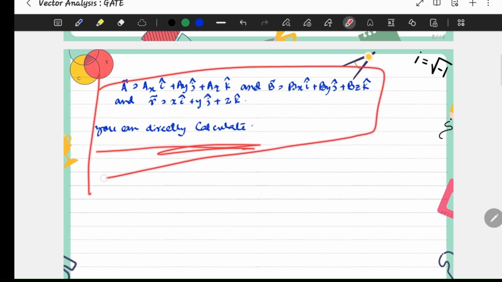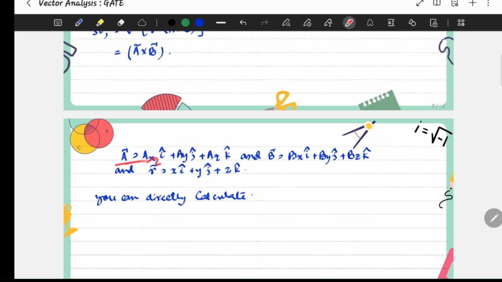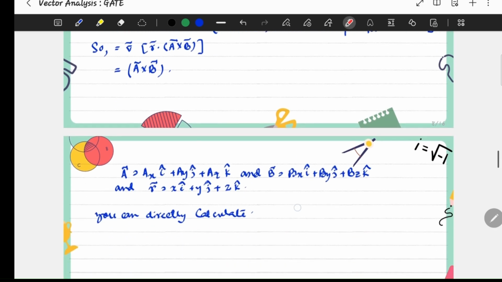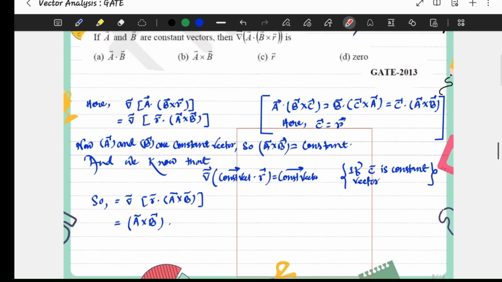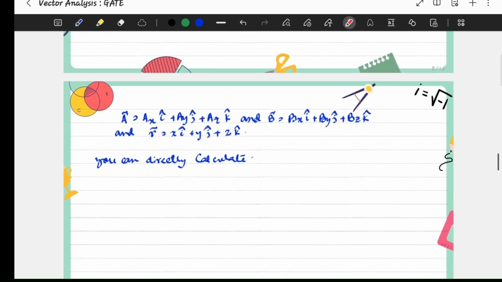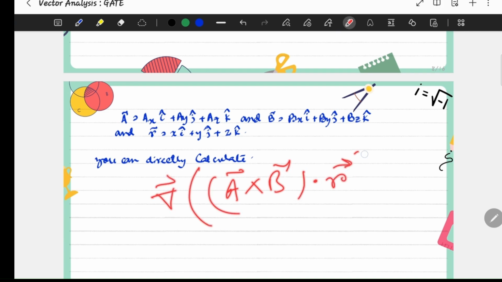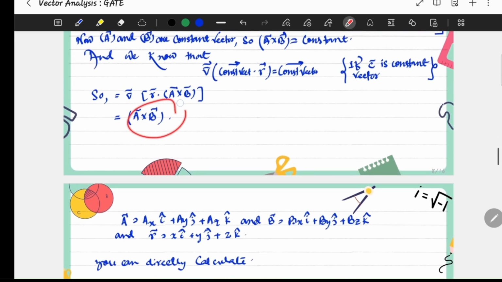You can take a equal to ax i cap, ay j cap, az k cap, and b equal to bx i cap, by j cap, bz k cap, and r equal to x i cap, y j cap, z k cap. First find a cross b, then take r dot it, and then calculate grad of this thing, and you will get the same answer.